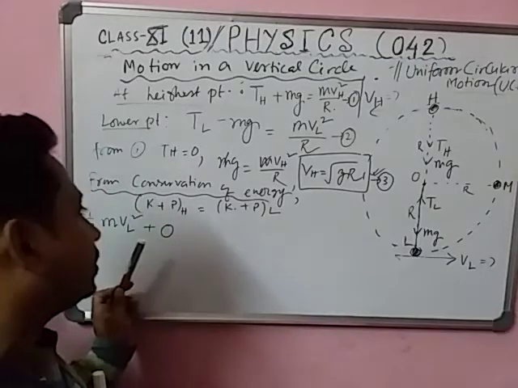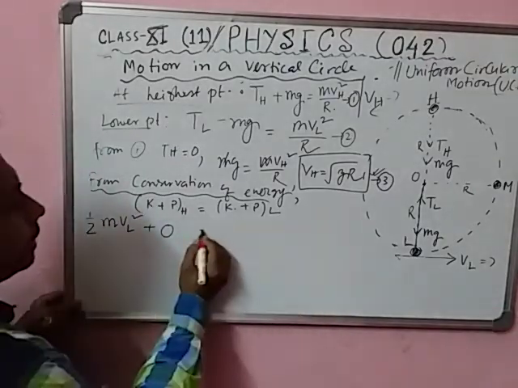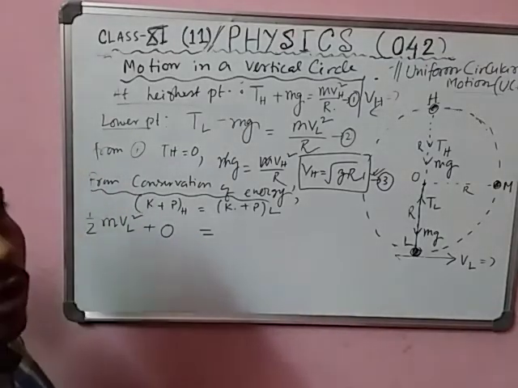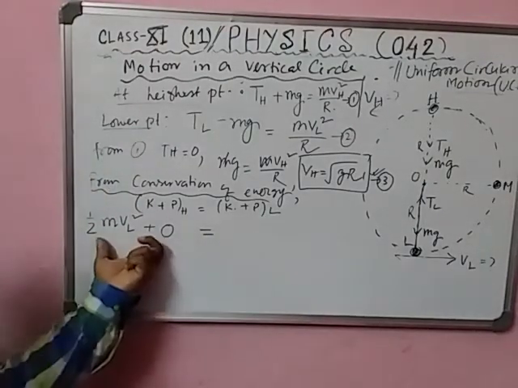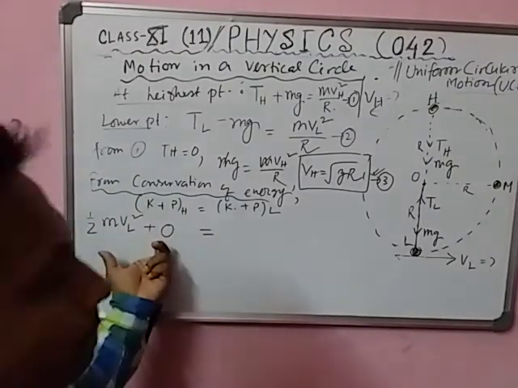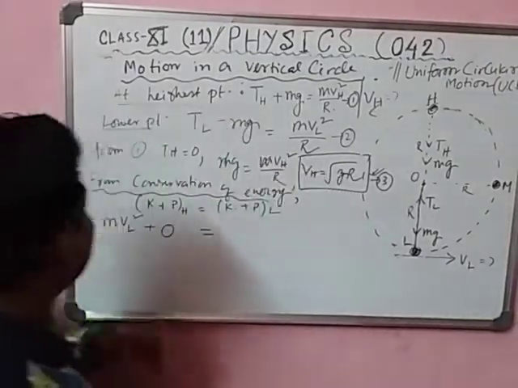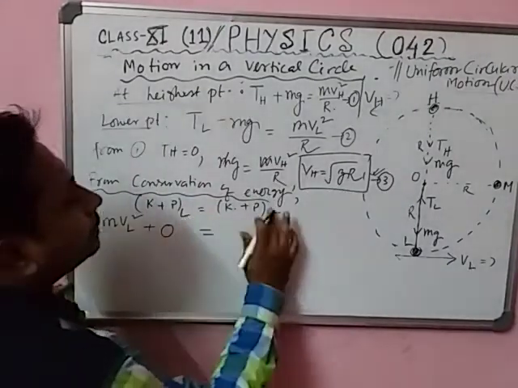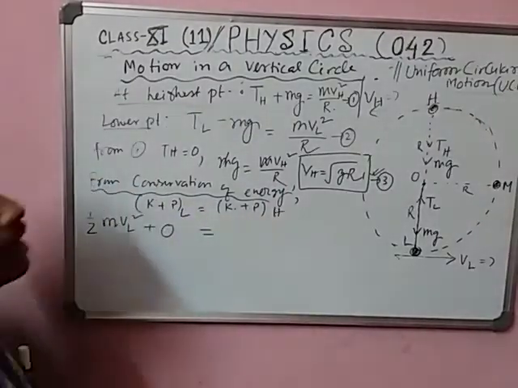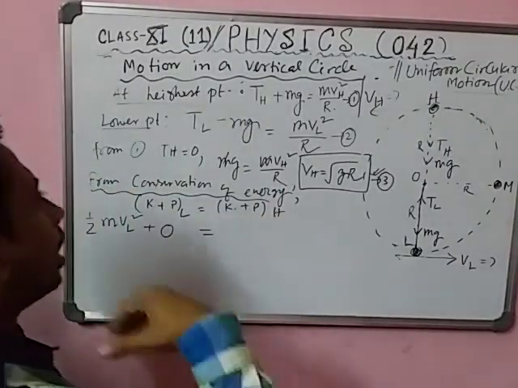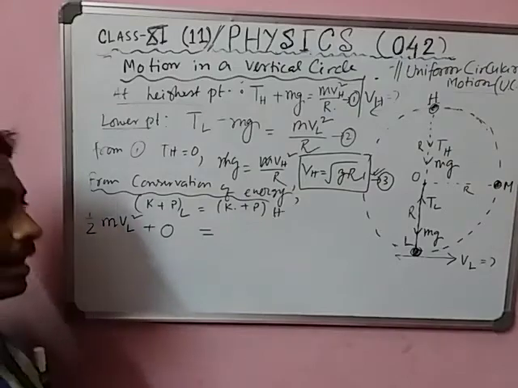No height means 0. This is equal to, because energy is always conserved, the total lower point energy must be equal to the total highest point energy.